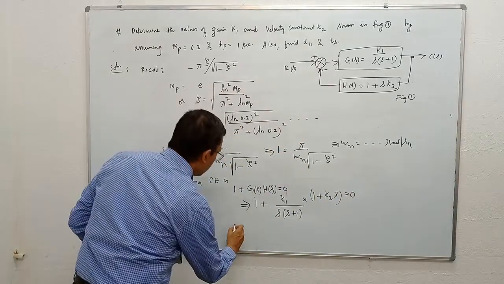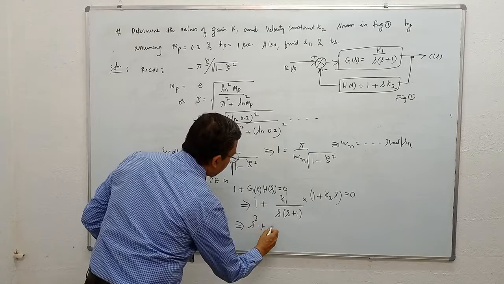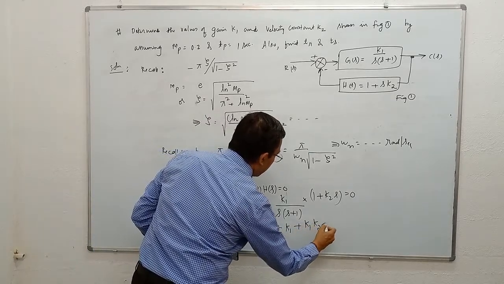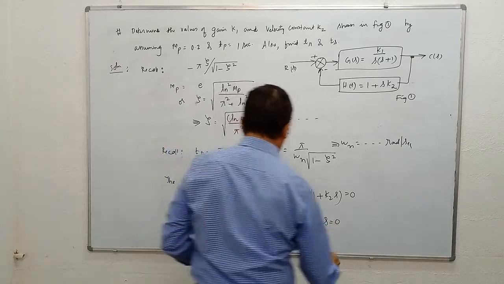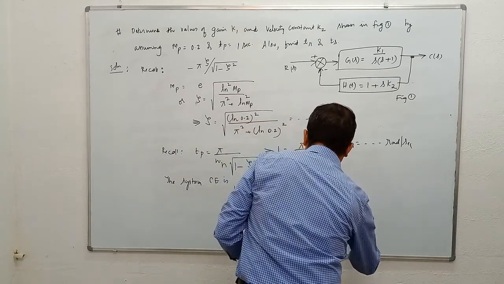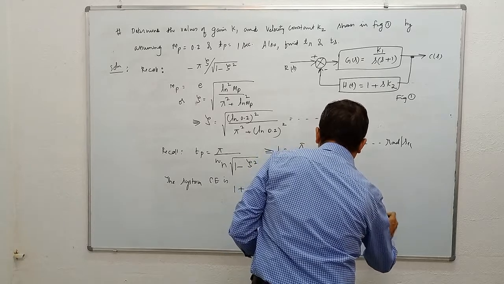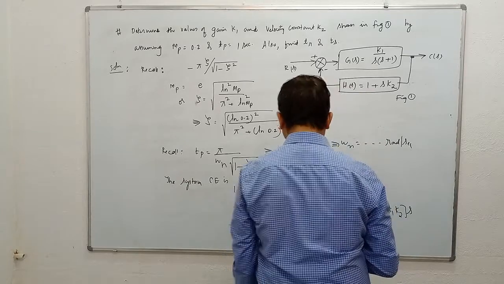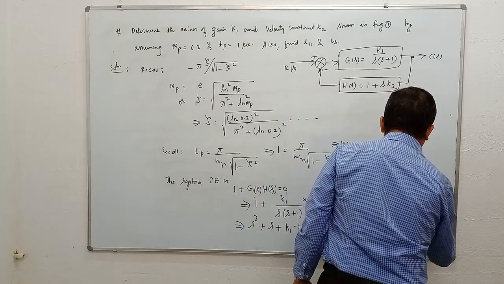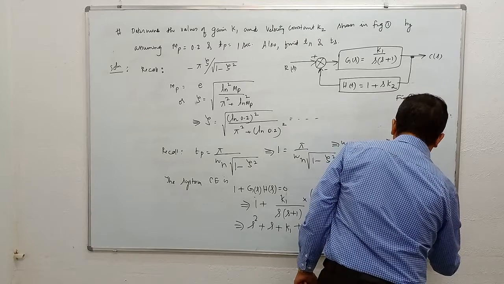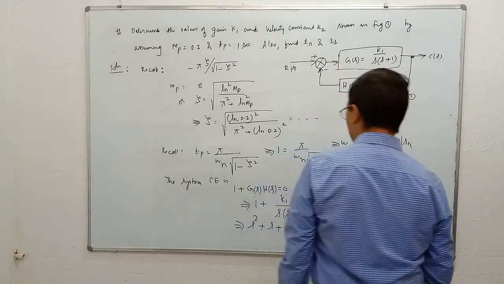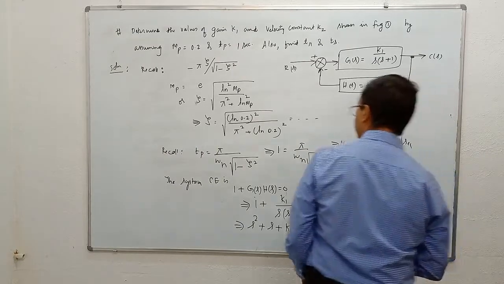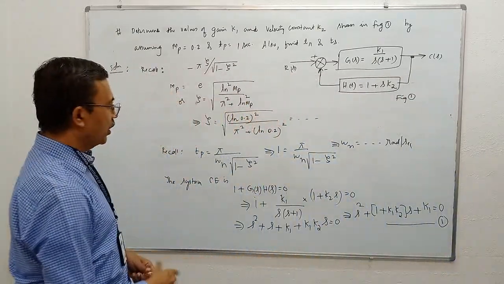So take LCM, you get s square plus s plus k1 plus k1 into k2 into s equal to 0. This implies s square plus 1 plus k1 k2 into s plus k1 equal to 0. We will call this equation 1.